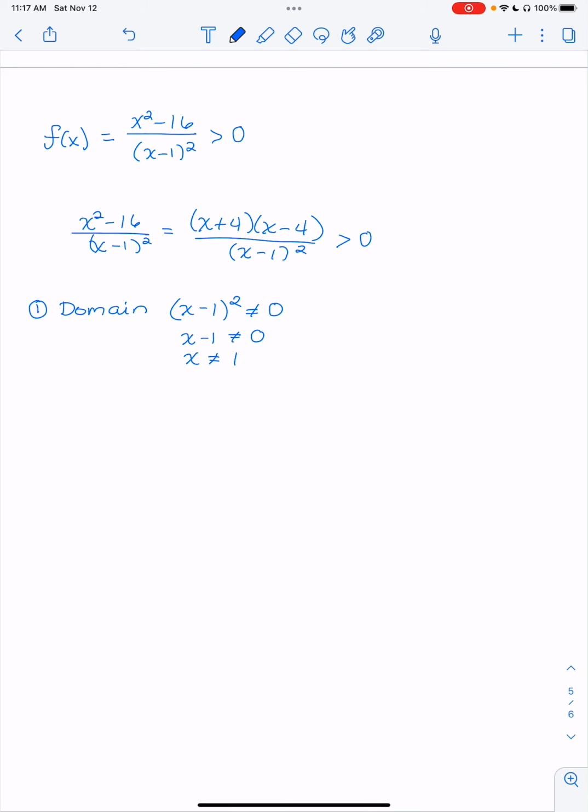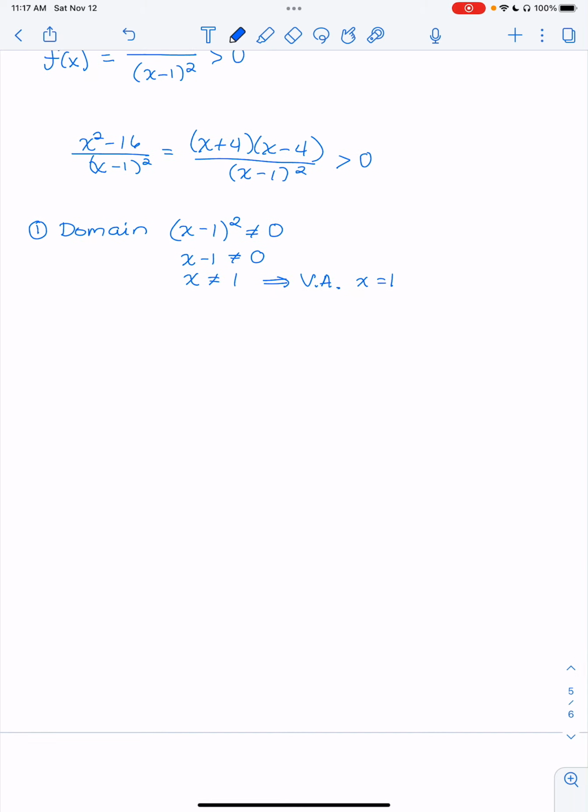That's our domain limitation, and you'll notice that we can't reduce the rational expression, so this is a vertical asymptote. So we have a vertical asymptote at x equal to 1. All right, so we have one spot.